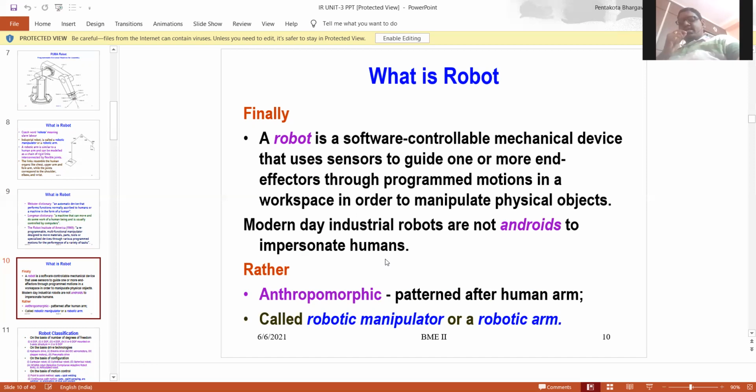It is a mechanical device that uses sensors to guide one or more end effectors through the programmed motion. Program means you give the values at a time. The robot moves in the environment, and you can create the envelope, the surrounding envelope and trajectory. Nowadays, in modern days, industrial robots are not androids meant to impress humans.